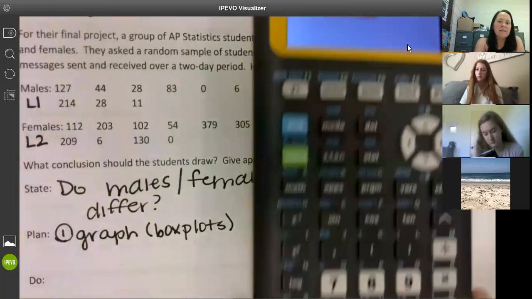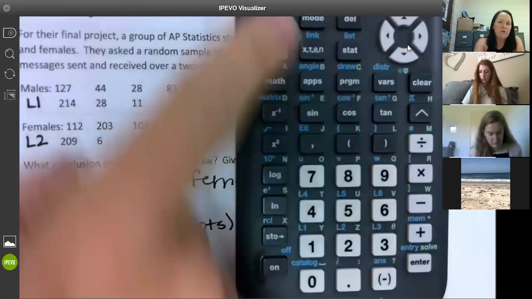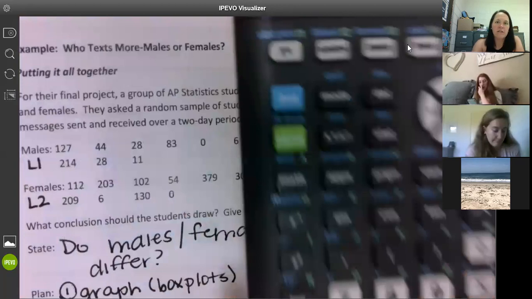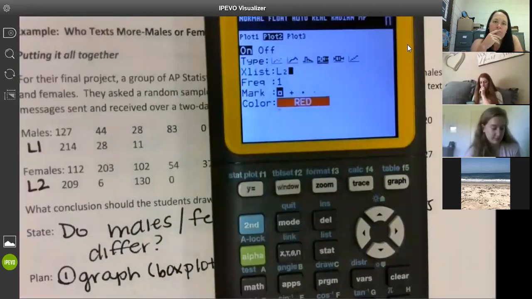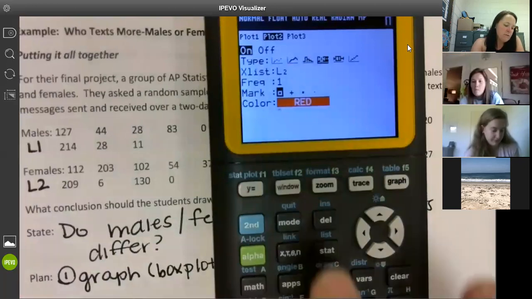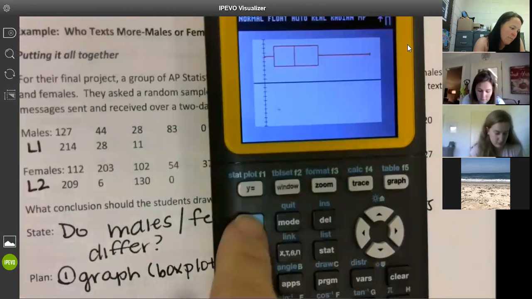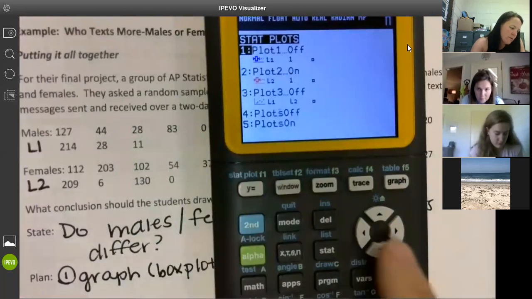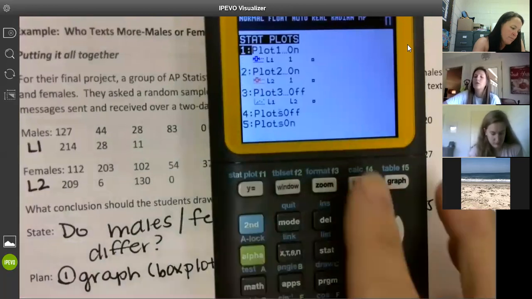So if you look, second 2 will give you L2. So second 2, and that'll change it to L2. How do I get it on my actual graph? Zoom none. Good. Oh, that one's turned off for some reason. There we go. Now they're on.